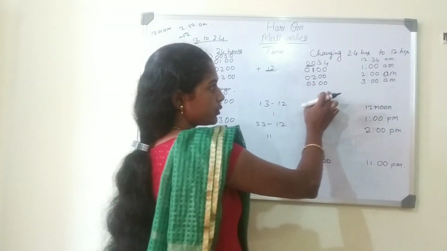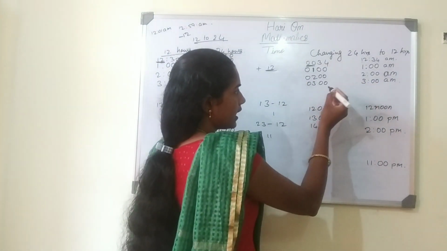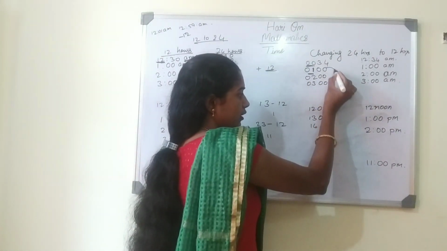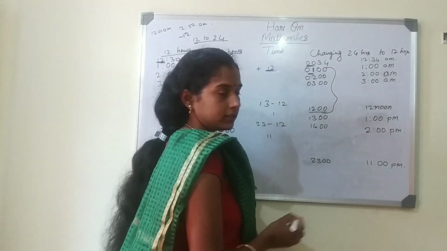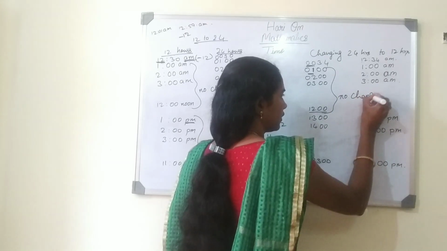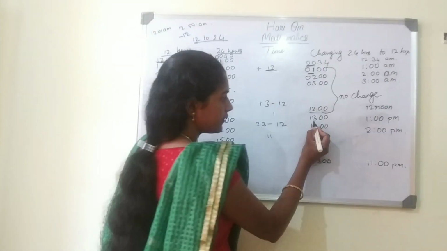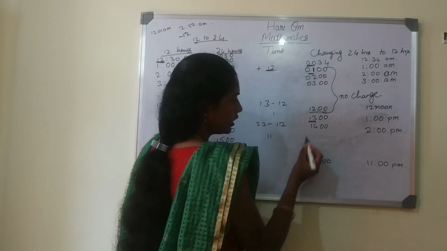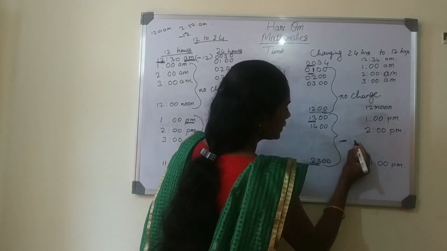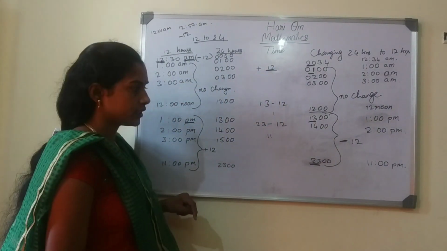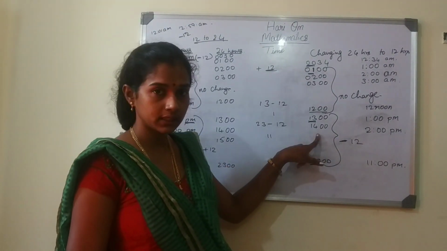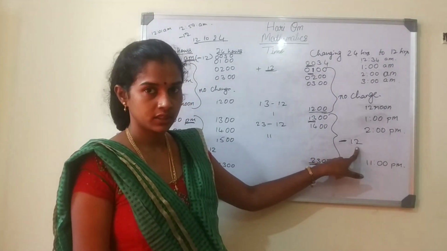And when we are changing from 24 hours to 12 hours, if it is 1 to 12, there is no change. If it is 13 to 23, minus 12. Okay, children. So here it is plus 12, but if it is 13 or more, here it is minus 12.